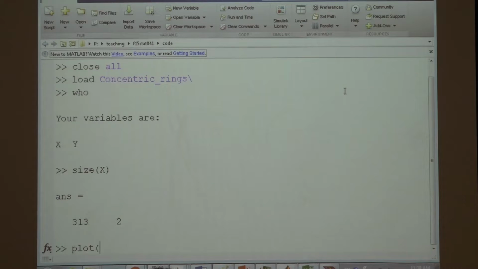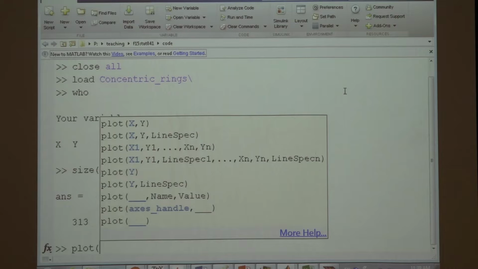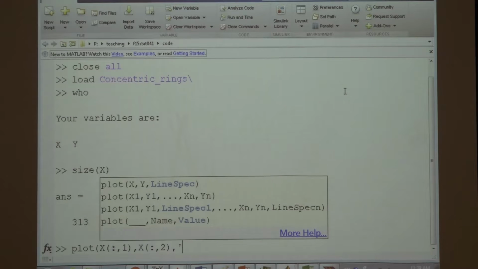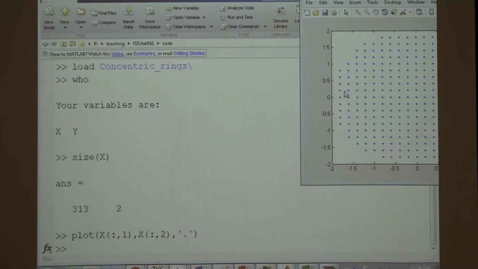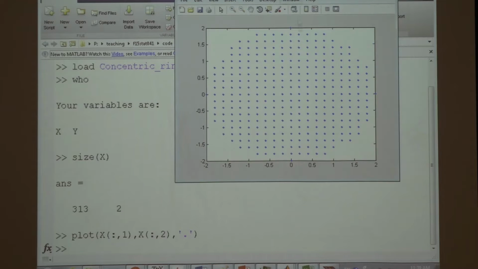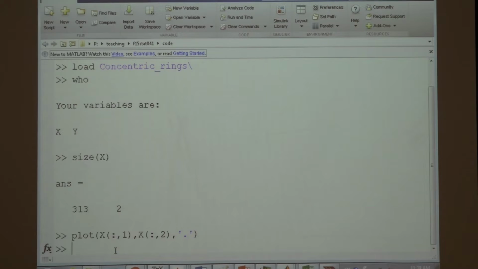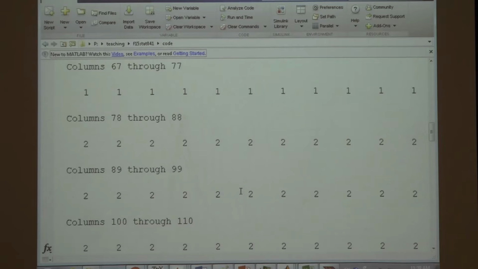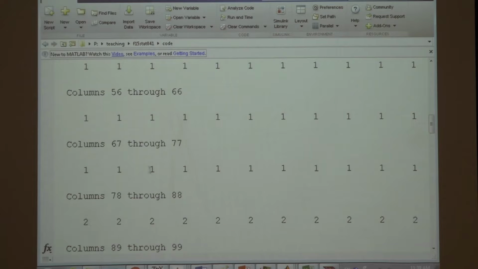So let me show you the form of this data. So I'm going to plot this is the data, and you know, the label of the data, it's two classes, which has been indicated by 1 and 2.